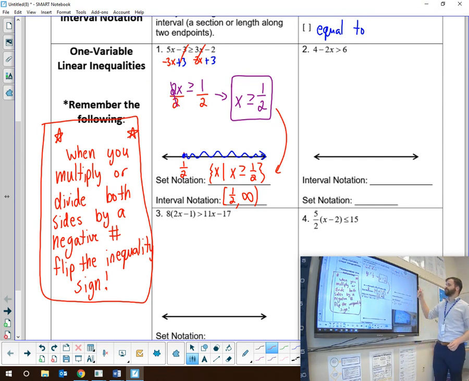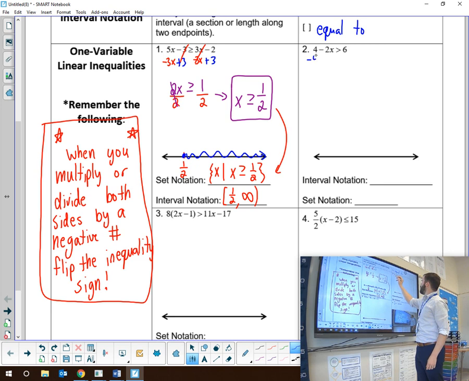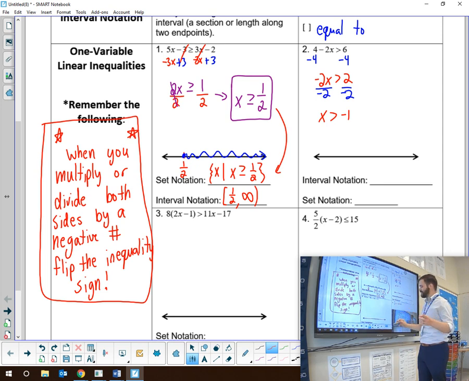We have 4 minus 2x is greater than 6. Okay, first off, I'm going to get this 4 over to be with this 6. So I'm going to minus 4 to both sides. That's going to leave me with -2x is greater than 2. Then I need to get rid of that -2. It's being multiplied, so I'm going to do the opposite. I'm going to divide it. So I'm going to divide this side by -2, and that's going to give me x is greater than -1, except it's not.